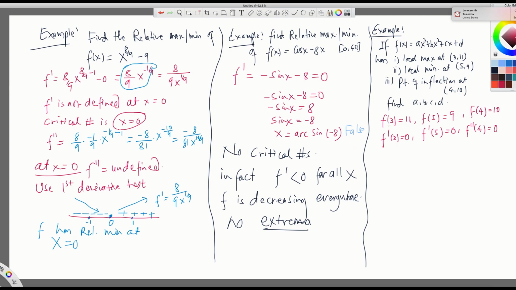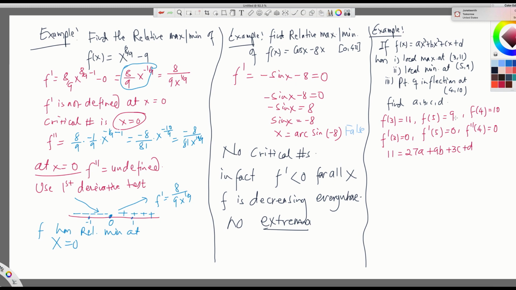Now let us plug in that f of 3 equals 11 implies what? Plug in x equals 3 and f(x) equals 11. You will get 11 equals 27a plus 9b plus 3c plus d. That's what you get.